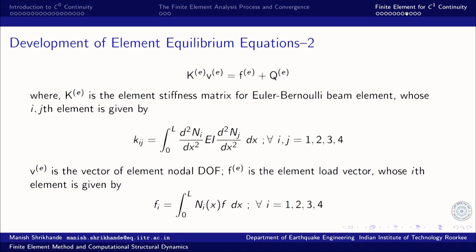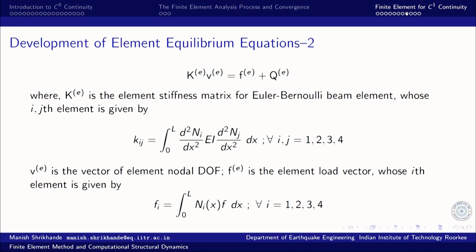So, whatever is the work done by the external force, we impose equality. The nodal equivalent loads do the same amount of work in moving through their respective degrees of freedom, and we add all of them up, and that will be the total work done by the force in moving through the transverse displacement.